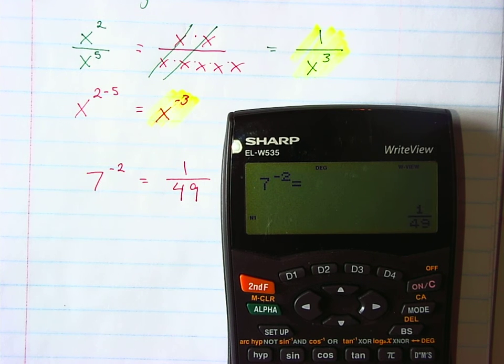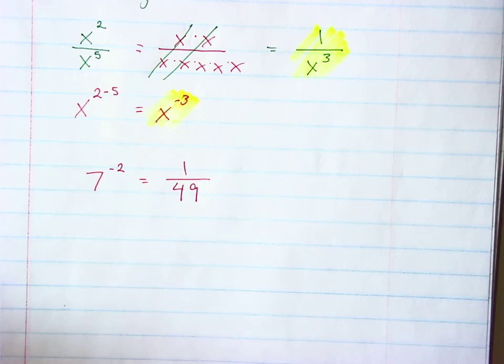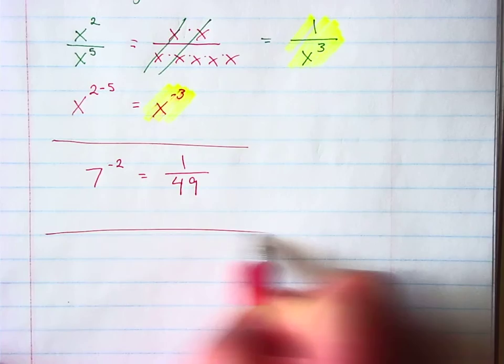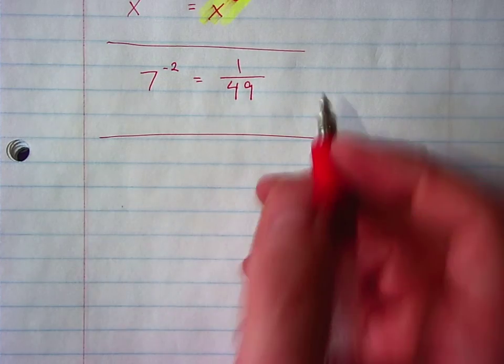The other thing we can do, lots of different ways to think about this. So another thing I want to start doing is let's do 3 to the negative fourth, 3 to the negative third.